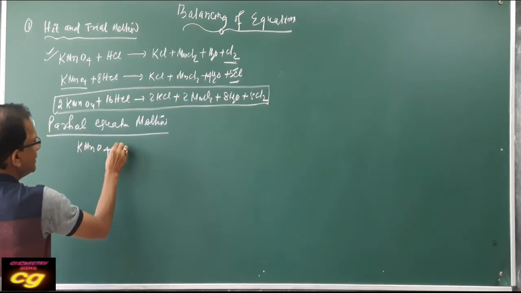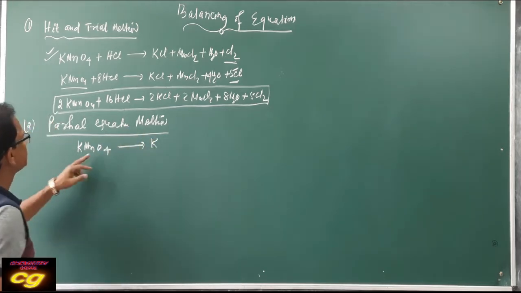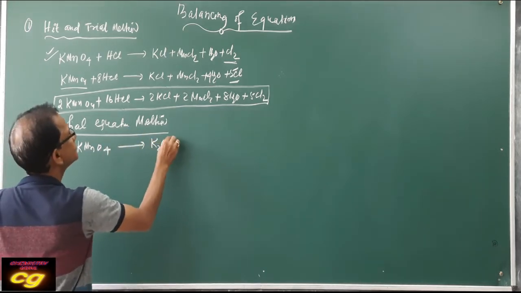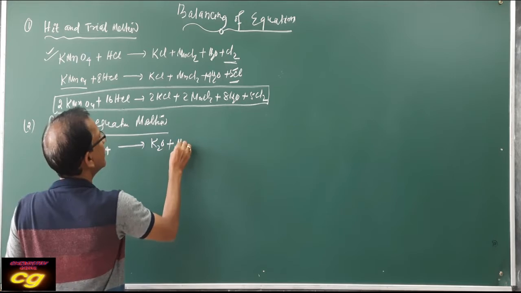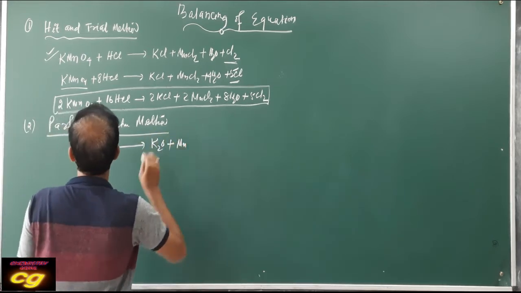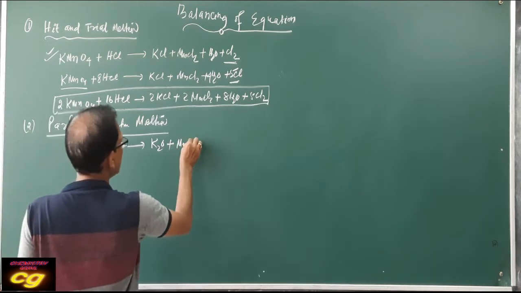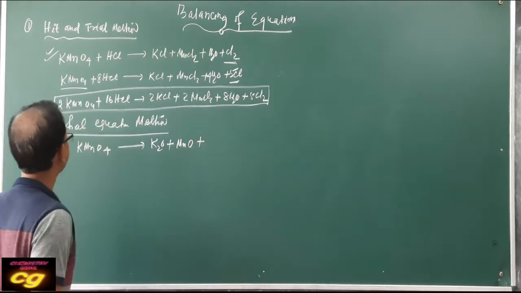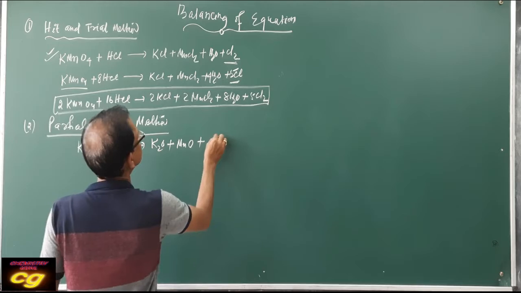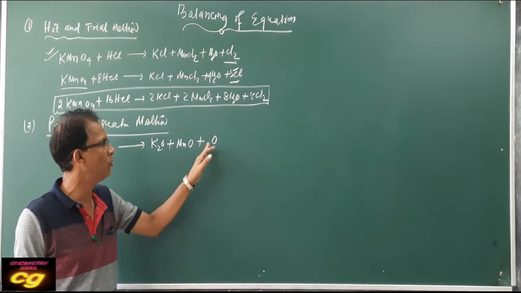KMnO4 will be broken down like this: K2O, then MnO, then O. So KMnO4 will be broken into K2O, MnO and O.